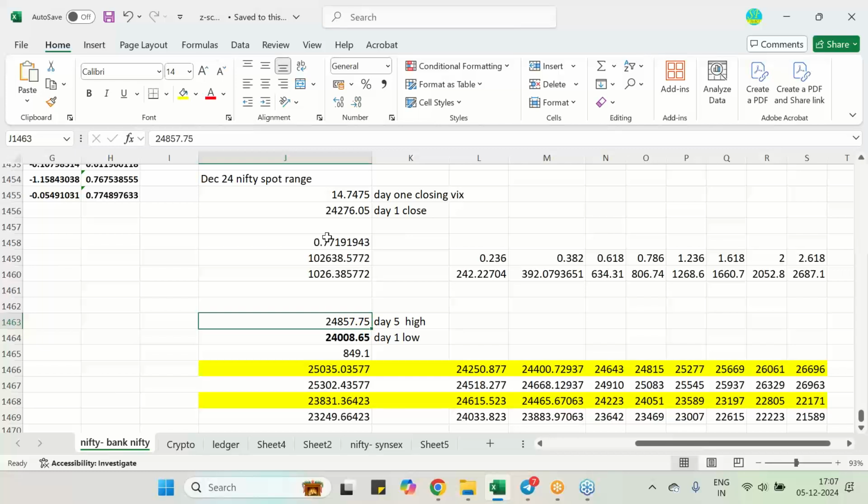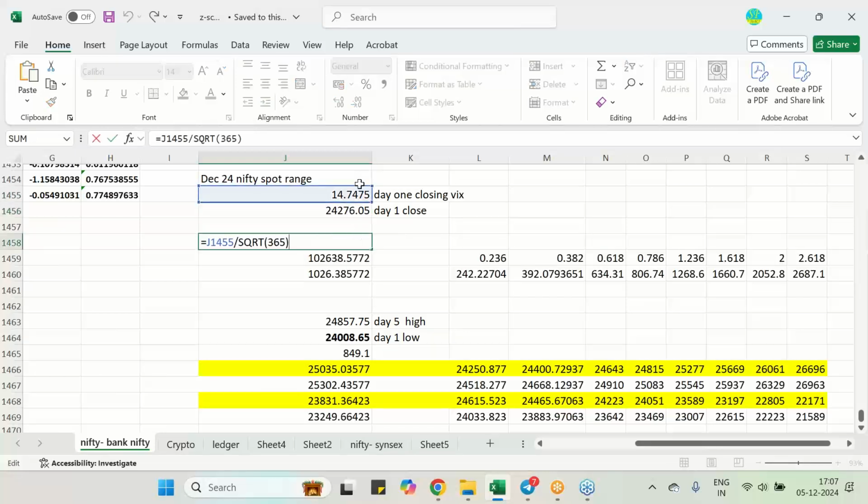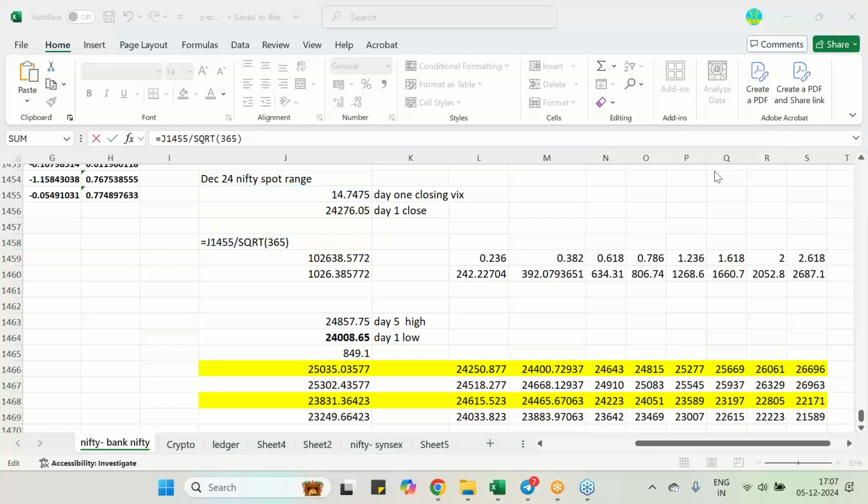So how does this calculation happen? It is a very easy and simple calculation. We take the first day's closing VIX. The index has a VIX, so what is the closing VIX of the first day? And we again take the Nifty spot price, the first day's closing price. From this VIX we find the daily VIX, so I divide the VIX by the square root of 365.